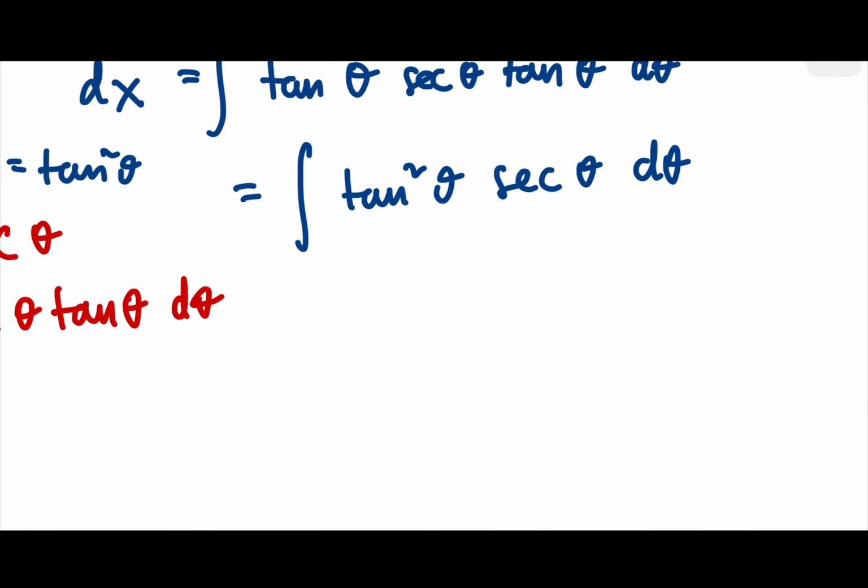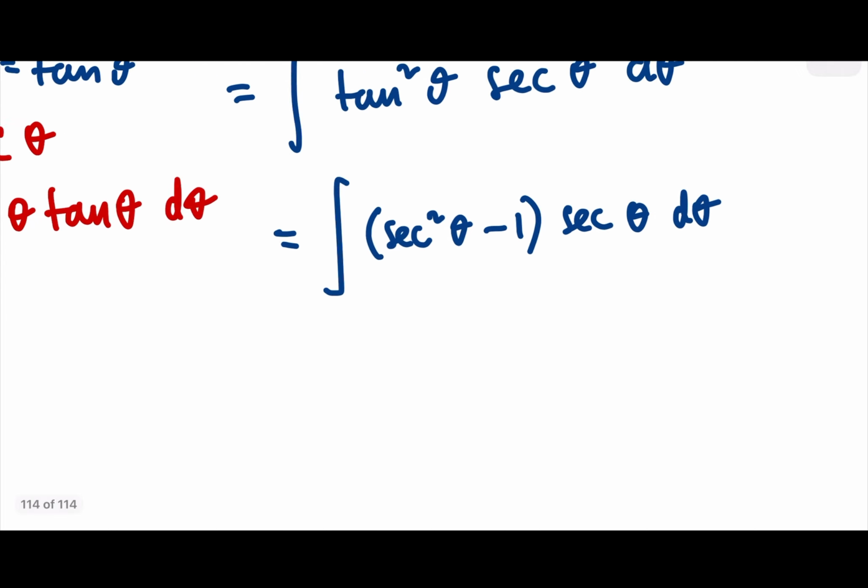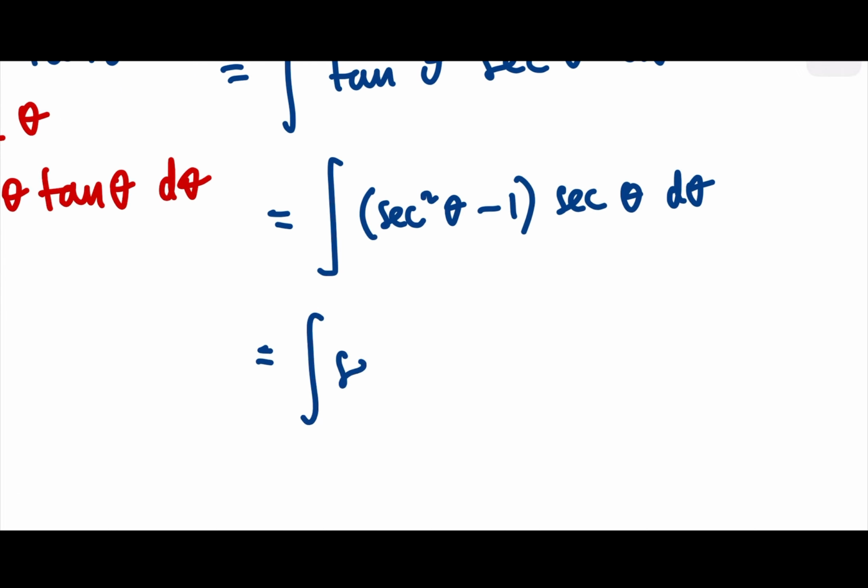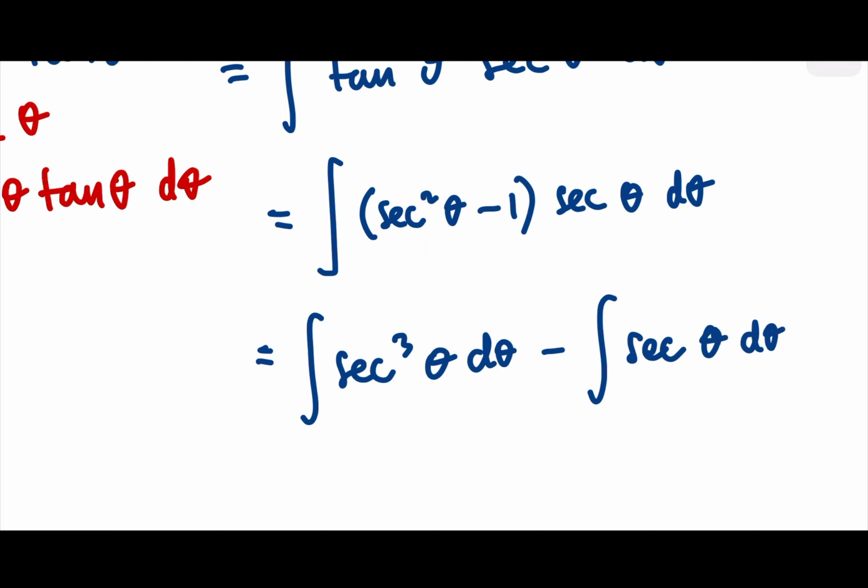Okay, and I think we can substitute tangent squared with secant squared minus 1, and then this will be secant theta d theta. Okay, and we can have secant cubed minus secant theta d theta.